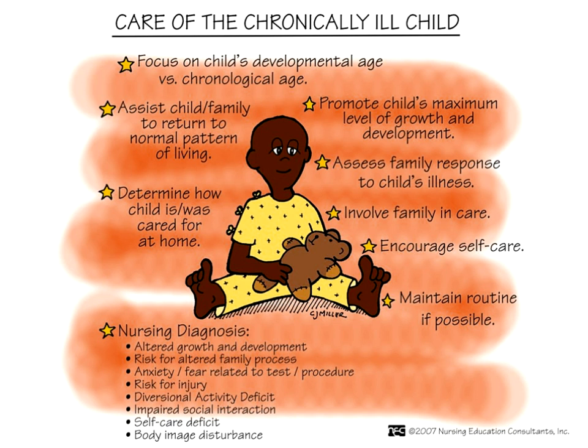We need to determine how the child is or is being cared for at home. Always that should be part of your history and information, is how are they coping at home. Tell me how you manage this at home. It's a good lead-in, open-ended question that you could use to obtain that information.